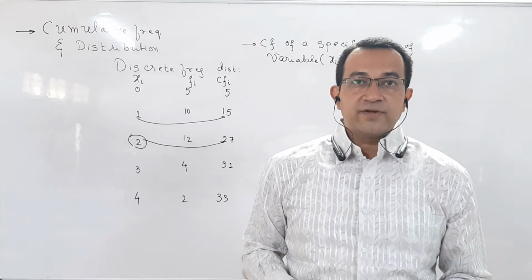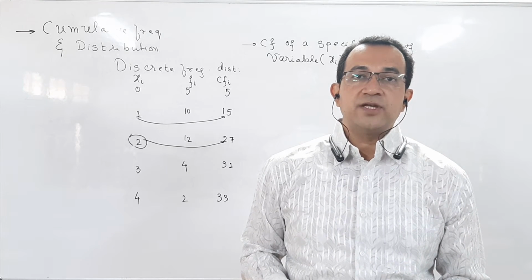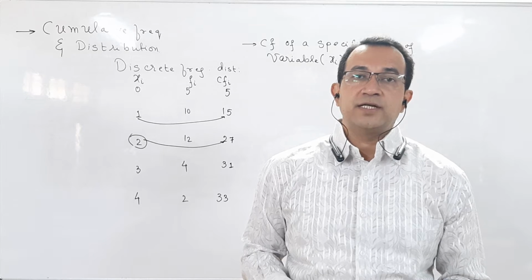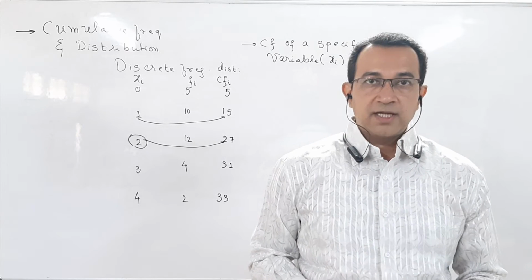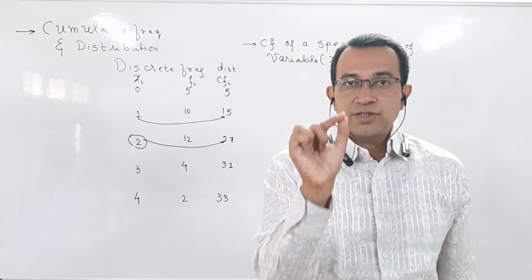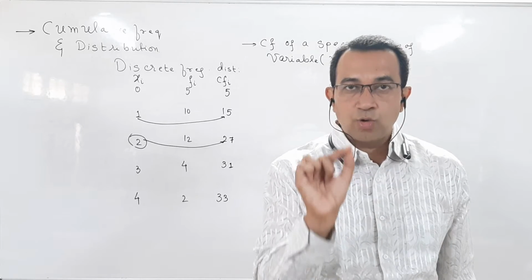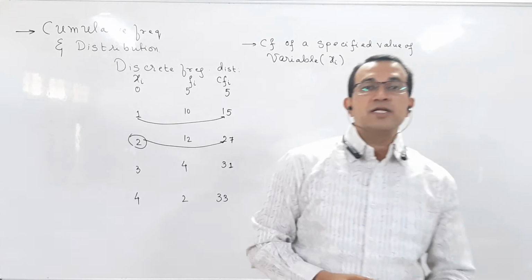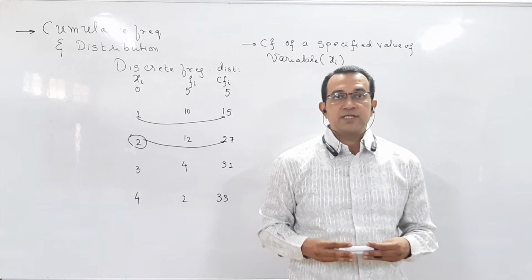So the first definition, mind you students, this definition you have to very carefully understand and write. I am not writing the definition, you have to write the definition on your own after you study this lecture. So what is the definition?